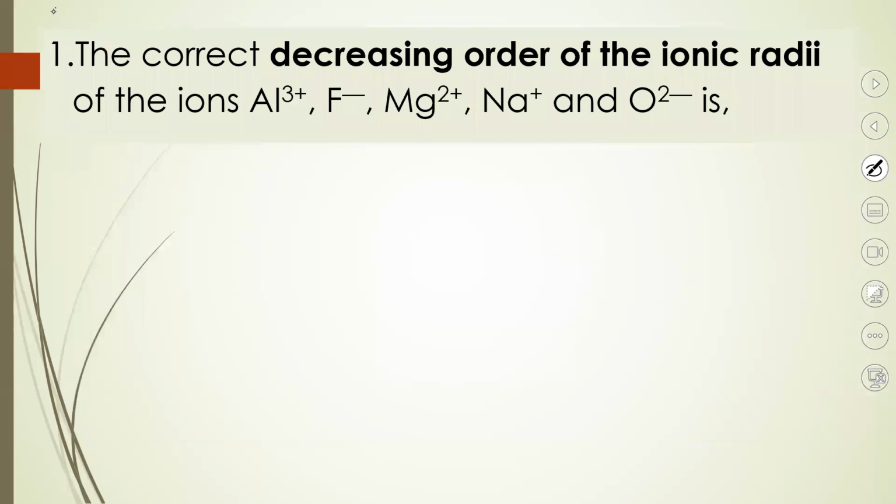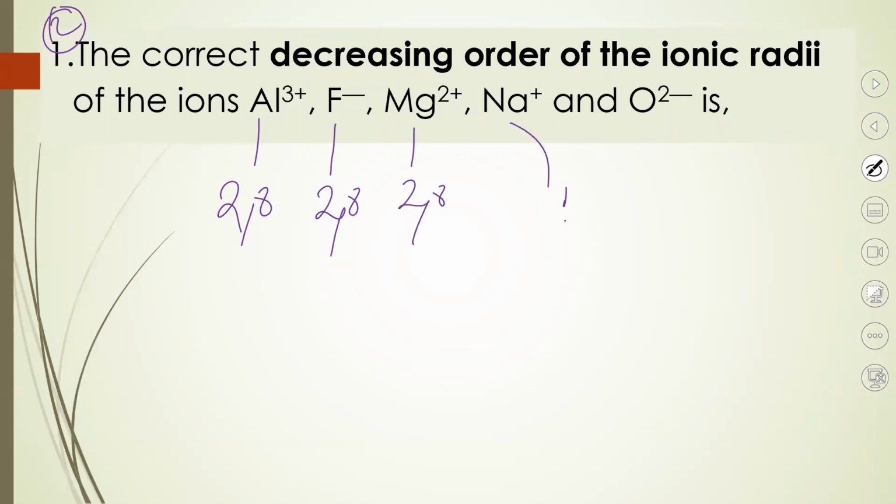12th question. The correct decreasing order of the ionic radii of these ions. Actually, you see this one, 2, 8. We call these isoelectronic, isn't it? Isoelectronic, configuration-wise everything is the same.